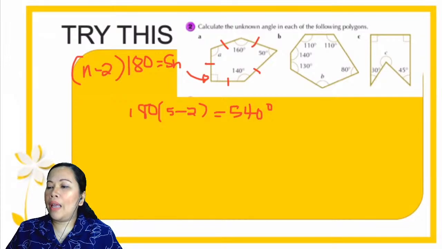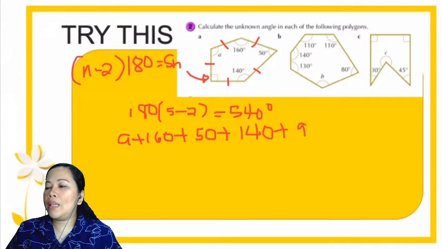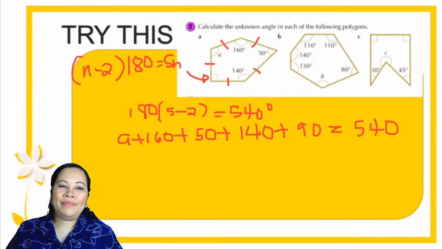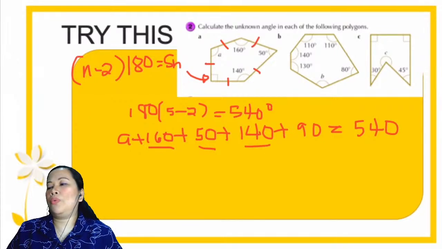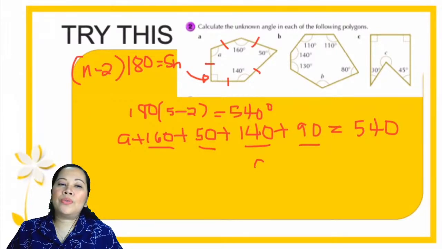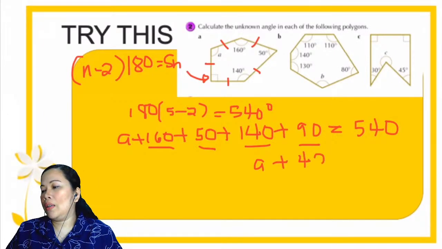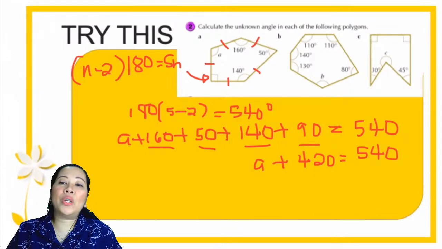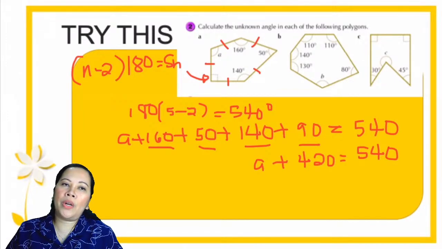So you have A, which is the unknown, plus 160 plus 50 plus 140 plus 90 equals 540. All right, and then you add 160, 50, 140, 90 together. Transfer that to the other side, and you always remember your BIDMAS, your rule of operation.